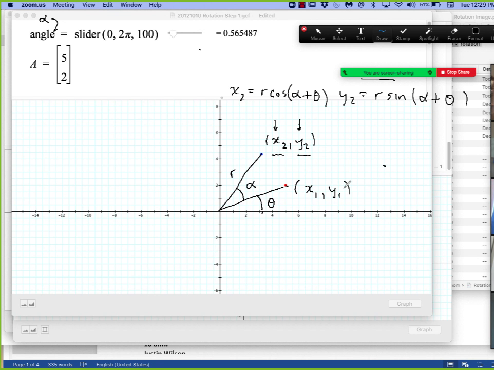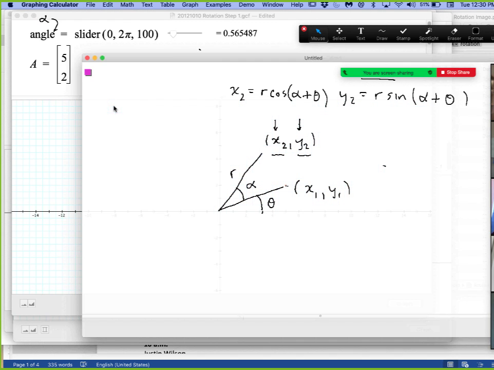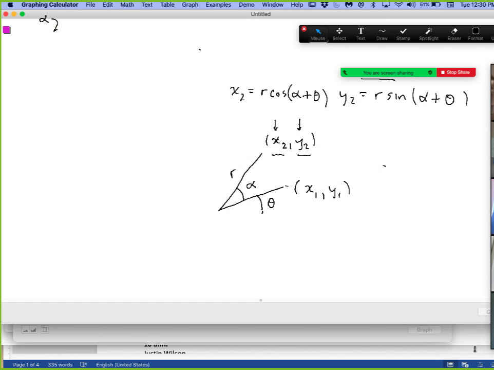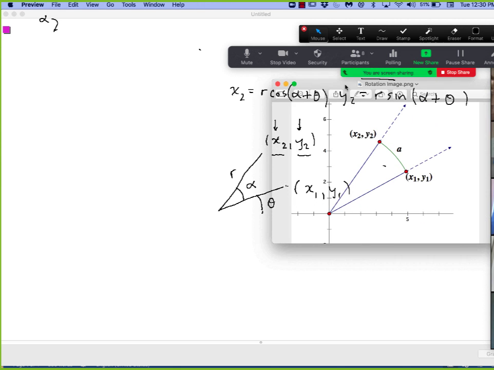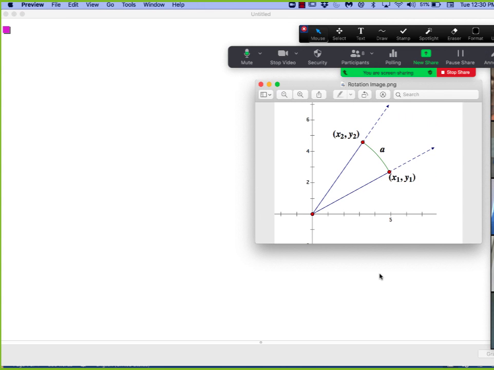Okay. All right, we're making some progress. The only other thing is that we just decided this would be the angle theta.